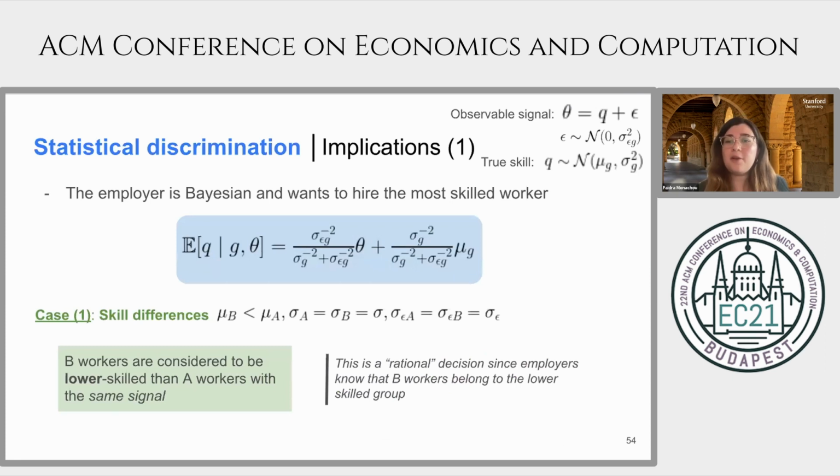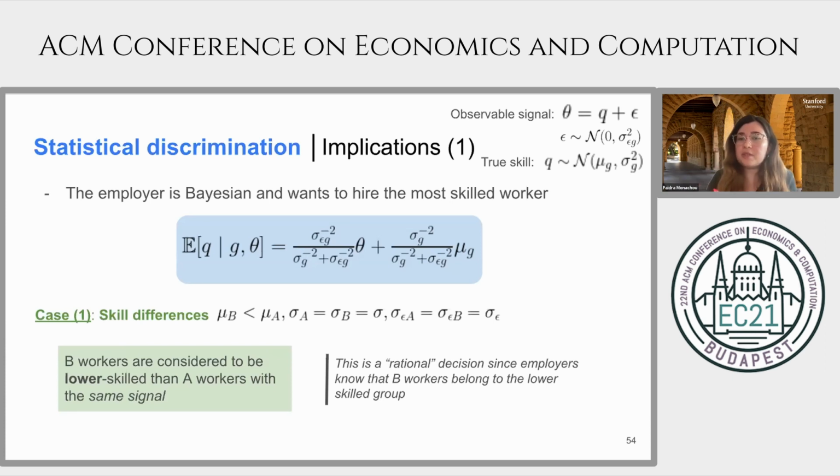One might say, of course, that this is a rational decision, okay? Because employers know that B workers belong to the lower skilled group. And from a Bayesian perspective, there's really no reason that two workers with the same signal but different group identities should be treated equally by this employer.